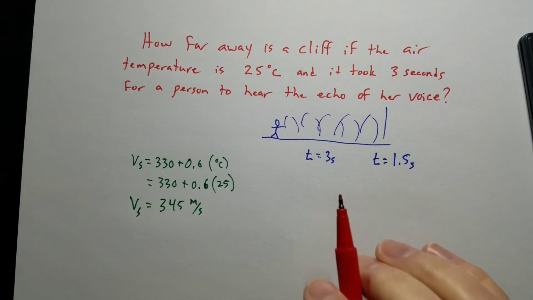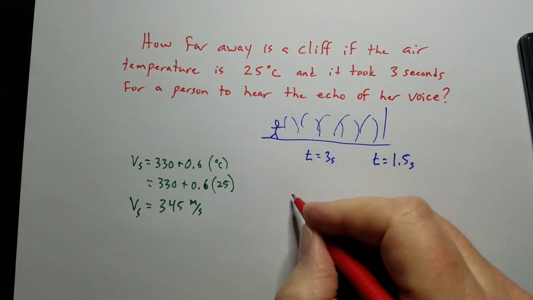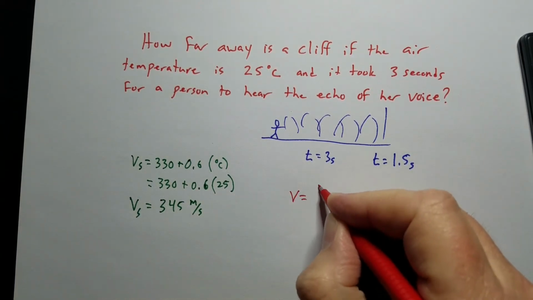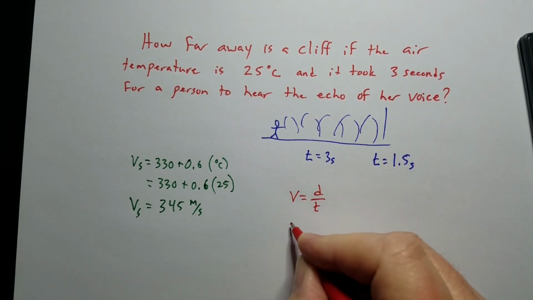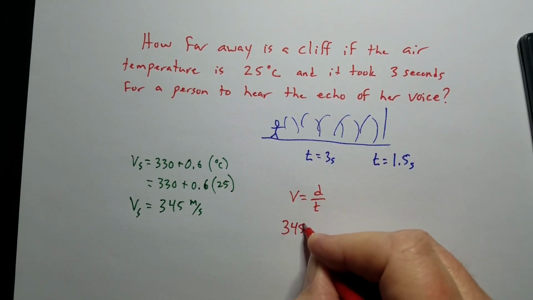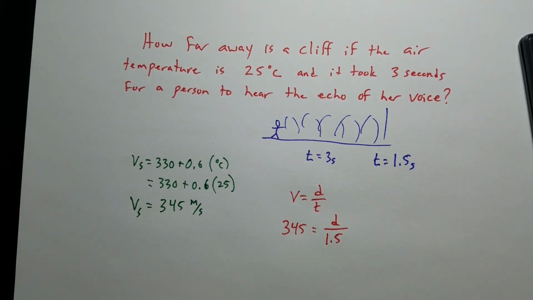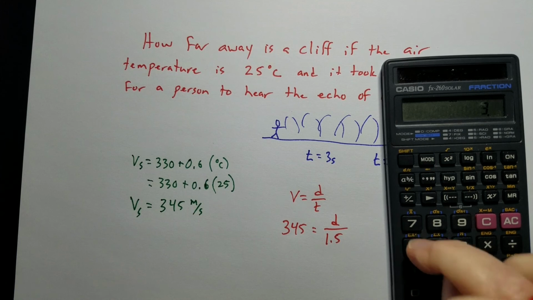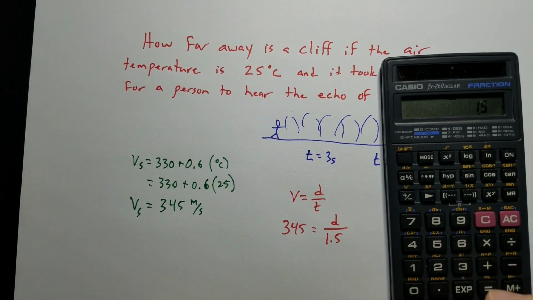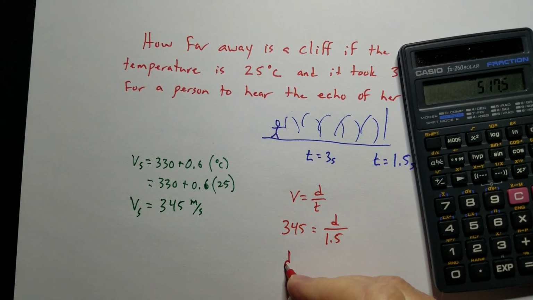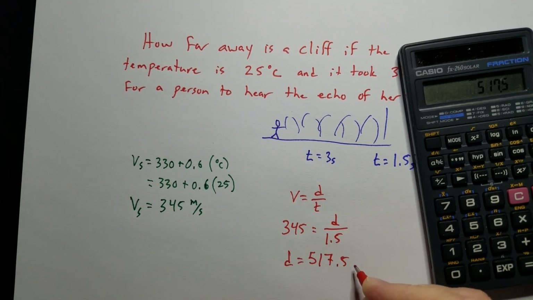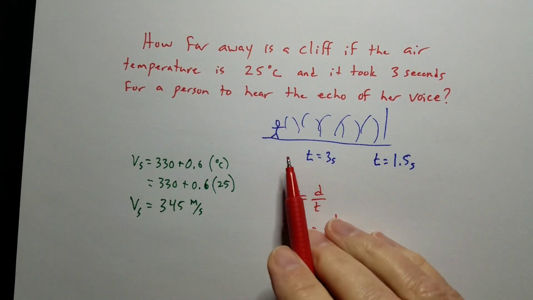It's asking for a distance. So we're going to use velocity equals distance divided by time. Velocity is 345. Distance we don't know, but the time is 1.5 seconds. So 345 times 1.5 gives me a distance of 517.5 meters from that person out to the wall.